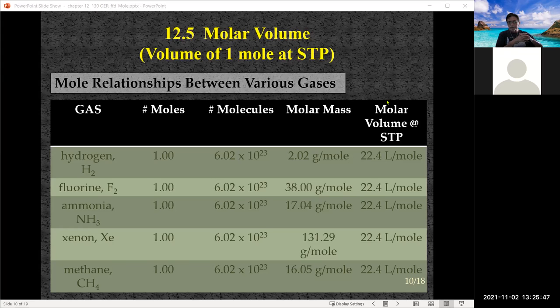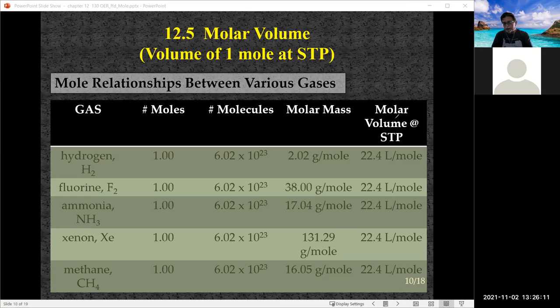However, for gases at the time, we said no, they don't have a fixed volume. So we kind of lied to you a little bit. They do have a fixed volume, however, only under special conditions. We call those conditions STP, which stands for standard temperature and pressure.